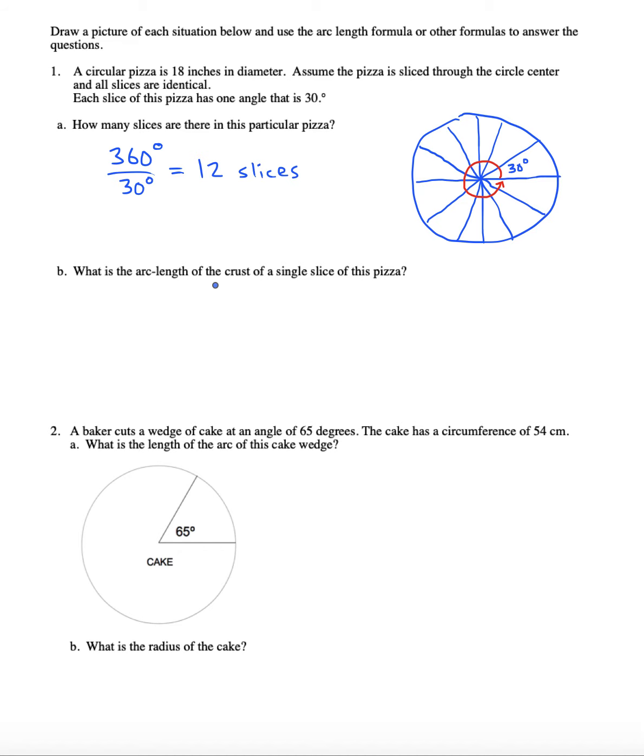What is the arc length of the crust of a single slice of that pizza? So there's a couple of ways that I'll show to find this. One way would be by knowing the entire circumference of the pizza, which is C, and then we could divide it by 12.